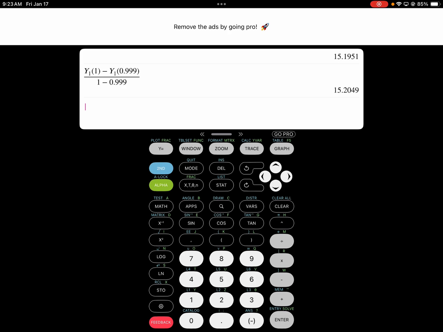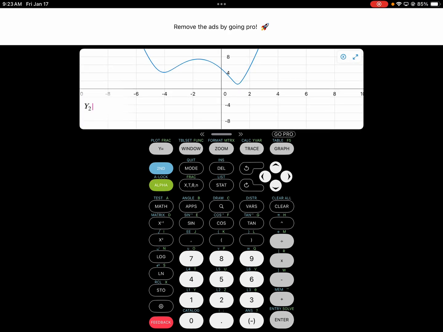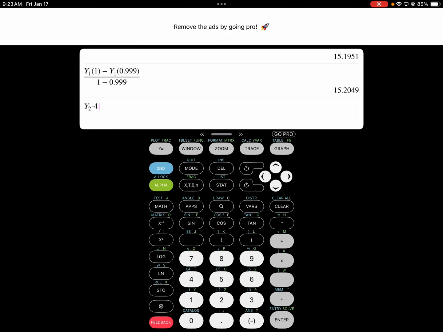And then I go back to my home screen. I'm going to use my function thing, okay? So alpha trace, and this time it's in y2. And I would plug in that first value we found, which is -4.040, okay?